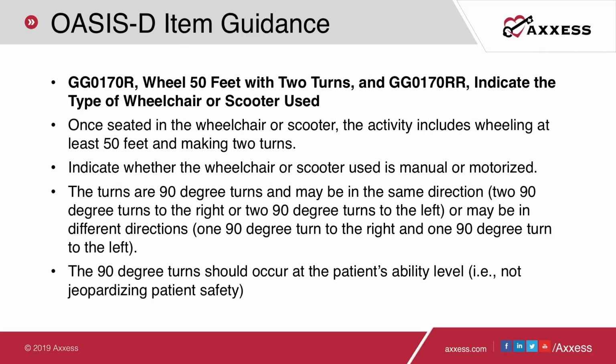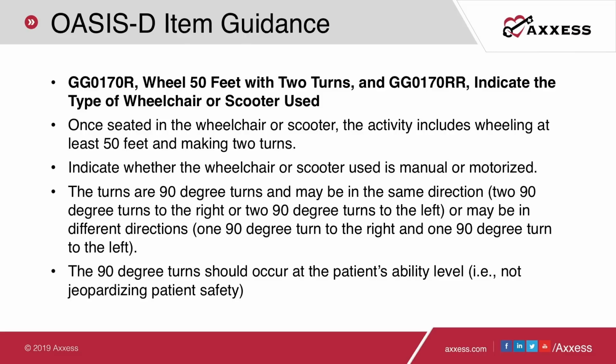All right, so GG0170R, wheel 50 feet with 2 turns, and GG0170RR, indicate the type of wheelchair or scooter used. Once seated in the wheelchair or scooter, the activity includes wheeling at least 50 feet and making 2 turns. Indicate whether the wheelchair or scooter used is manual or motorized.